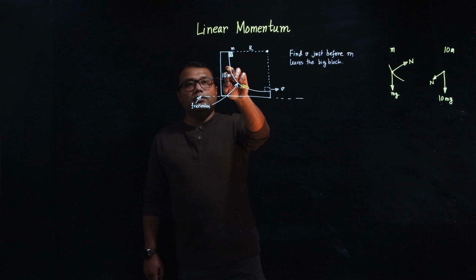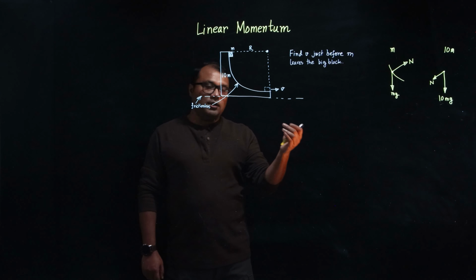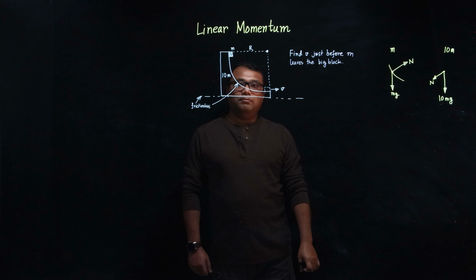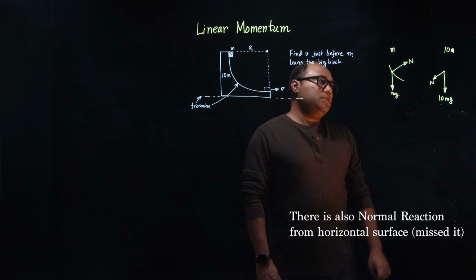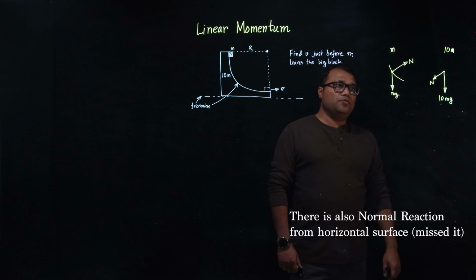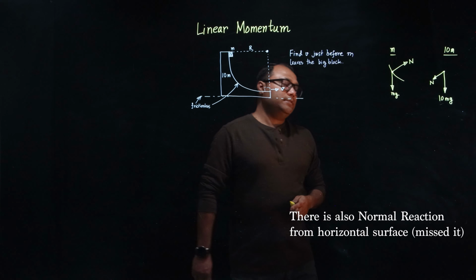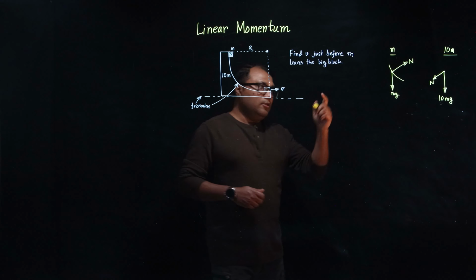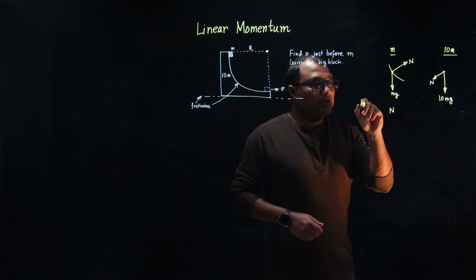Like if the block gives a normal reaction to small m, the small m also gives equal and opposite normal reaction to the big block M. And then there is no friction, so these are the only two forces acting on each of these masses.